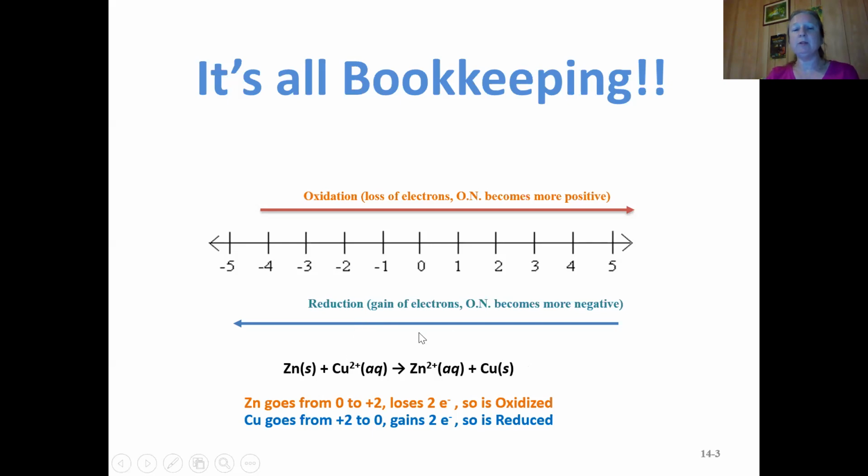So you went from a +2 to a 0, you gained 2 electrons, 2+ and 2- to get to the 0. So therefore, when you gain electrons, you are reduced. So zinc threw its electrons and copper caught them. You always have a pair in a redox reaction.